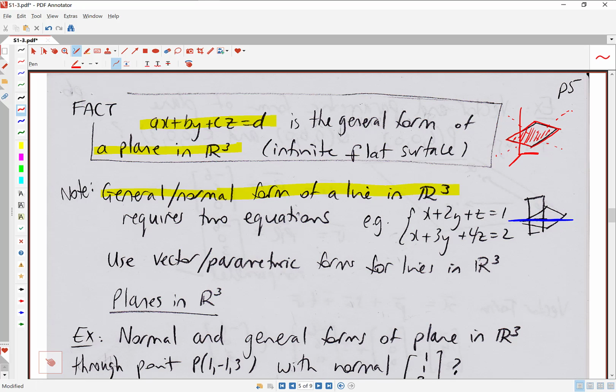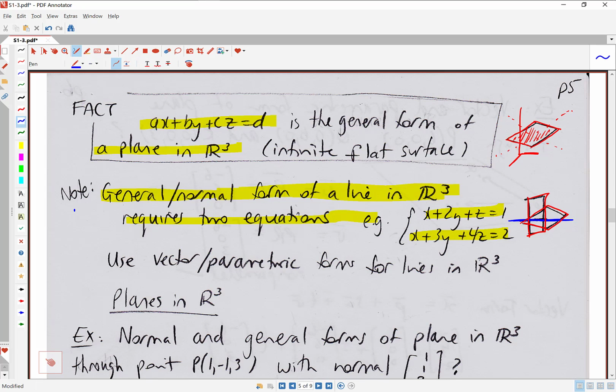So you have to think about, okay, what's one plane that contains that line, and what's a second plane that contains that line, and then let's let those 2 planes intersect. So if you try to represent that in terms of algebra, that would mean that your general or normal form of a line in R3 requires 2 equations. So you'd have to have 2 different equations that represent those 2 different planes, and that just gets extremely messy.